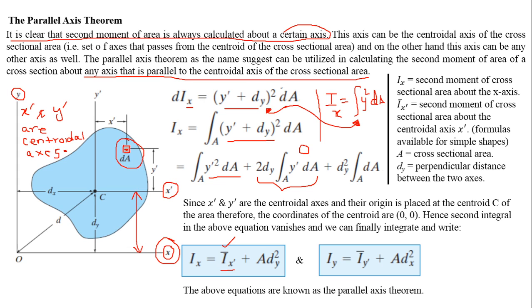And as you can see, the centroid of this entire cross section is actually the origin of x dash and y dash.